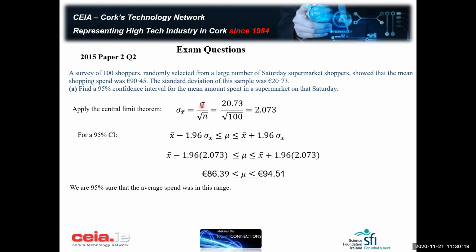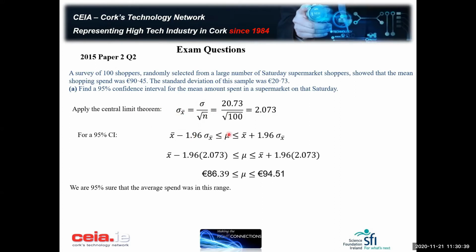As I said before, if you don't have the sigma for the whole population, you can use the sigma for the sample, which we're given as 20.73. And applying this formula, we find that the standard deviation of the means is 2.073.